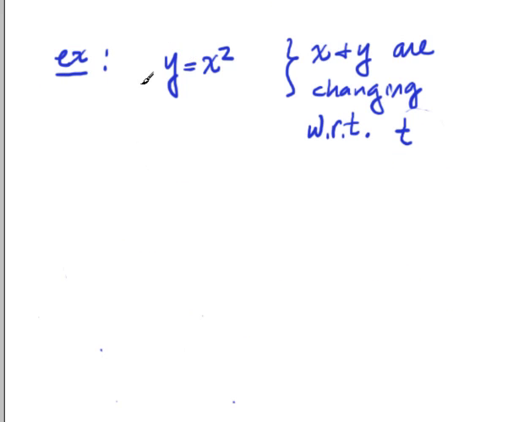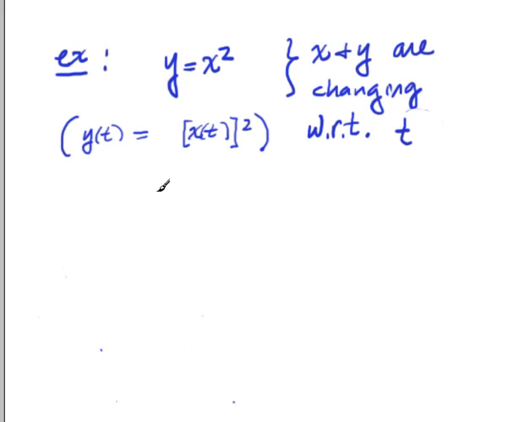Now here we have another equation that represents a relationship between x and y, and we're told that x and y are changing with respect to t. So it makes sense to differentiate then with respect to t. In fact, you can think of this, if you want, as y(t) equal to x(t) squared.